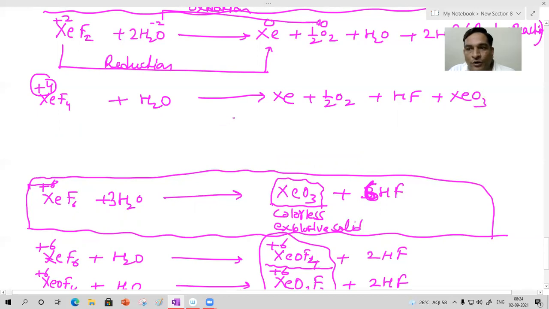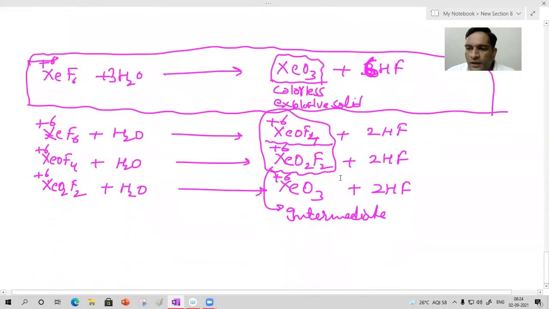I hope so. You have to memorize the trick. Plus 2 plus 6, average plus 4. The product will be average. I hope the concept is clear. Reaction balance is a different thing. I don't want the lecture to become lengthy. It should be short because it's a demo lecture.